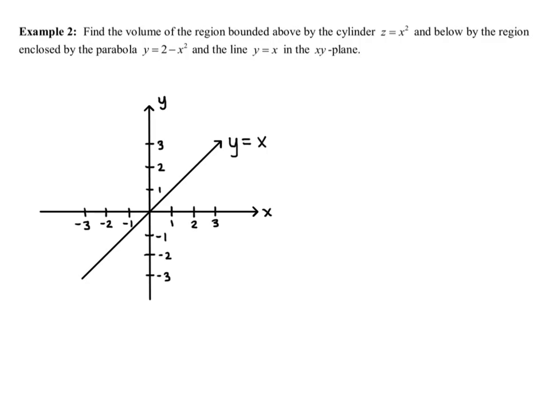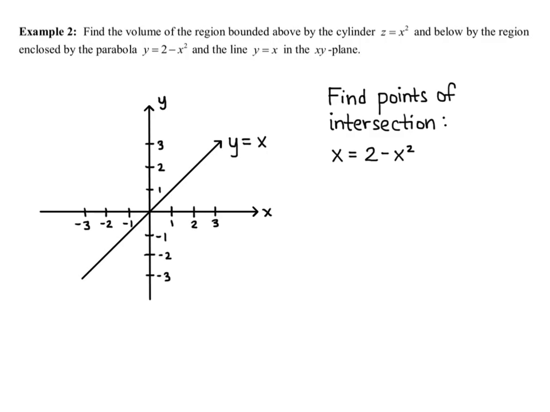Next, we need to find the points of intersection of y equals x and y equals 2 minus x squared. Setting the two equations equal, we have x equals 2 minus x squared.